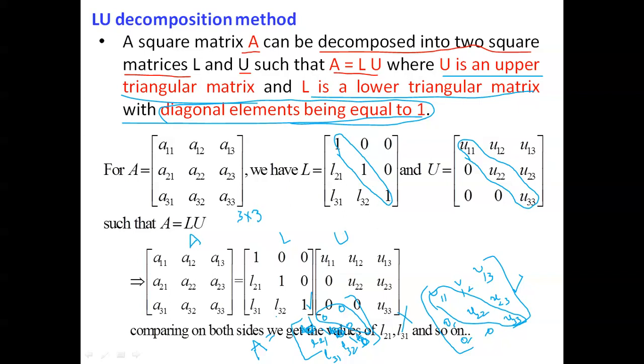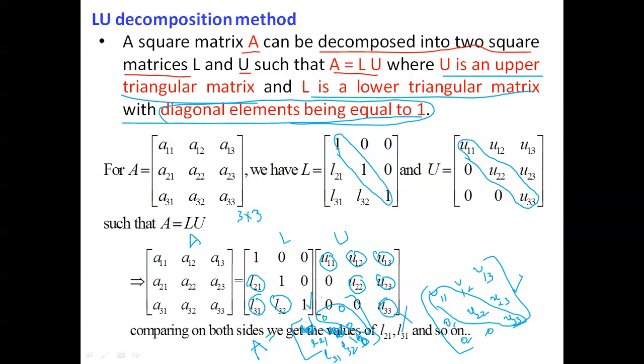Now, multiplying L and U and comparing the left hand side and right hand side, we get the values of L21, L31, L32 and at the same time U11, U12, U13, U22, U23, U33.